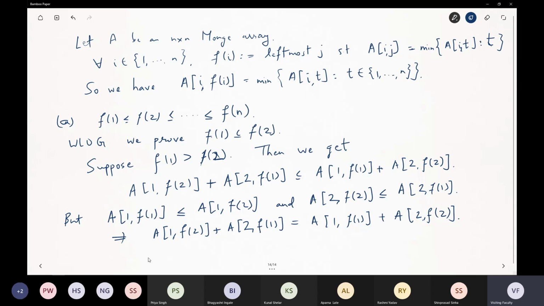In addition, what will this force? This will also force equality on the other things.